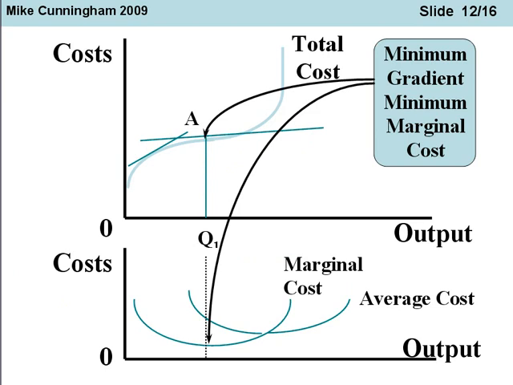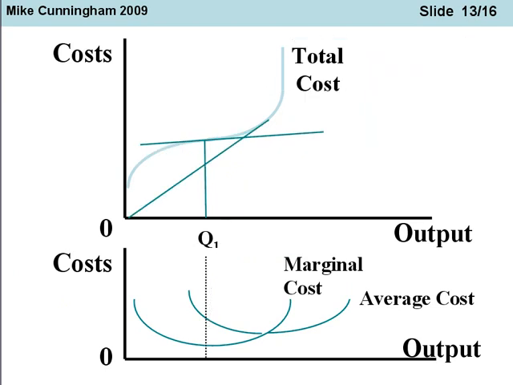Now let's look at the average. If I draw a line from the origin to the total cost curve, which is just tangential to the total cost, it would be over here, this point.